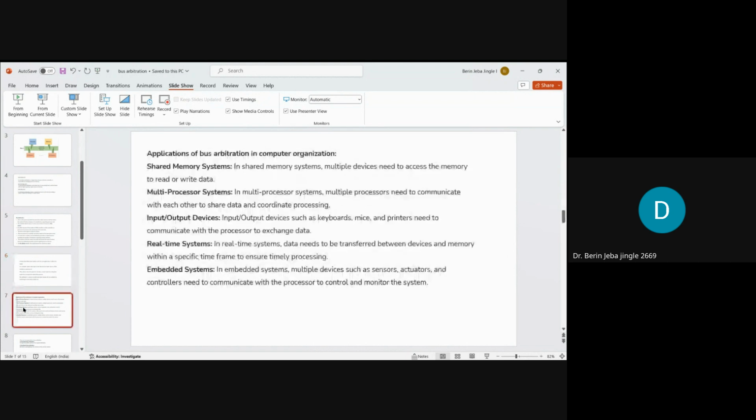There are certain applications of bus arbitration in computer organization: shared memory system, multi-processor system, input-output devices, real-time system, embedded system. Everything comes under bus arbitration.